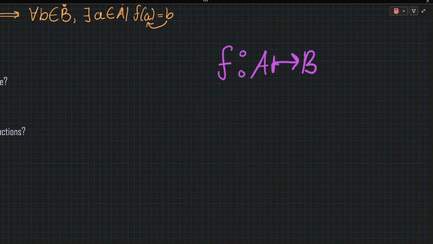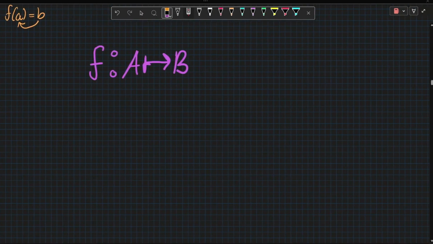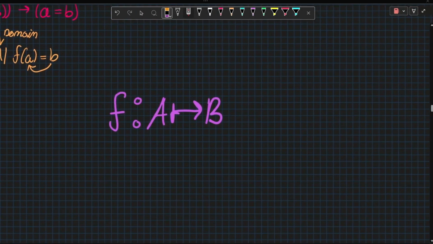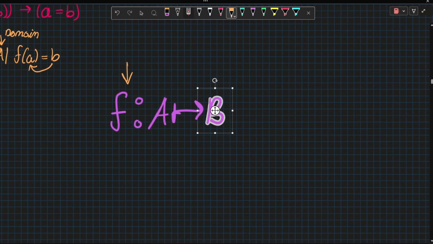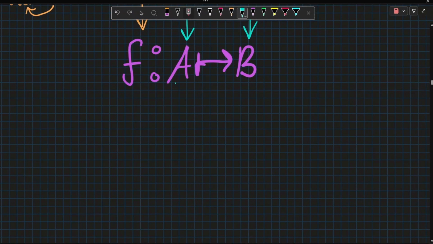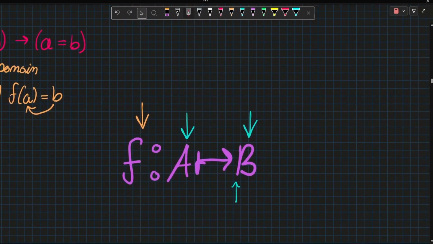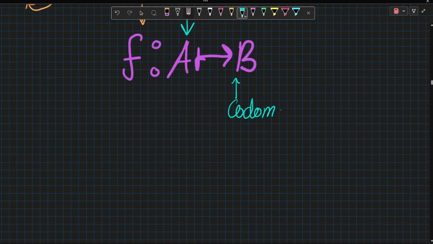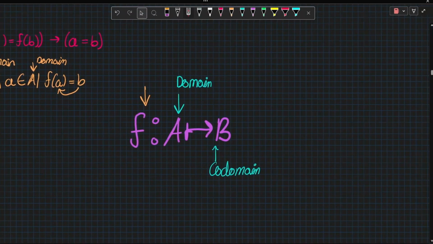And there are a few additional terminologies you need to know. On top of this labeling, we have 2 sets that this function uses. There's one called the domain, which will be the inputs. The domain defines all elements that can be used for the input, and the codomain expresses all outputs that are possible.